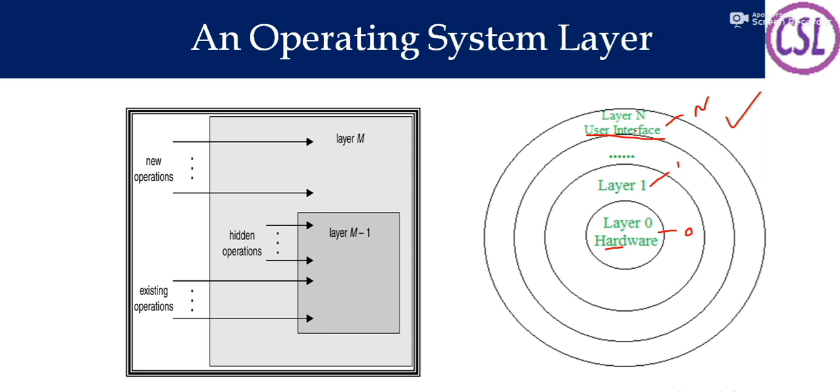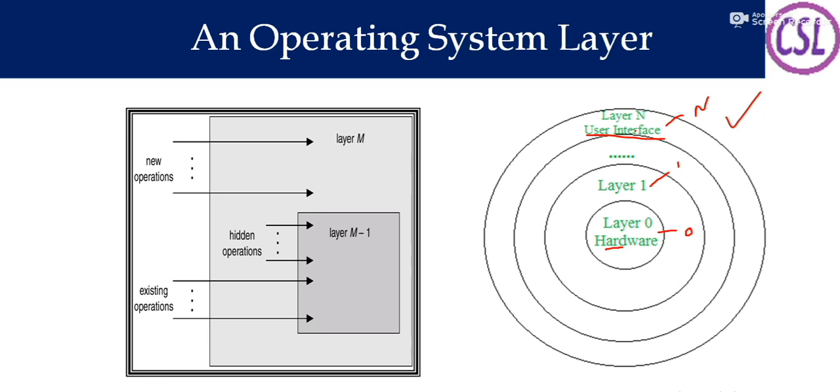And coming to the negative part, if the layers are increased based on the functionalities or the similarities of the functions, the communication may take too much time. Suppose you have many layers to communicate with the hardware, it will take more time, so the efficiency may decrease. So that is the disadvantage.